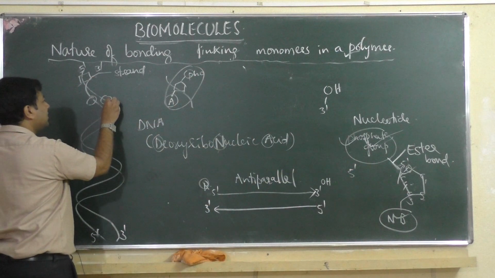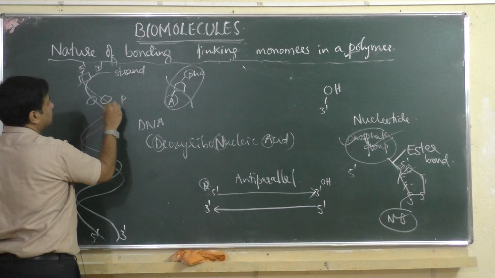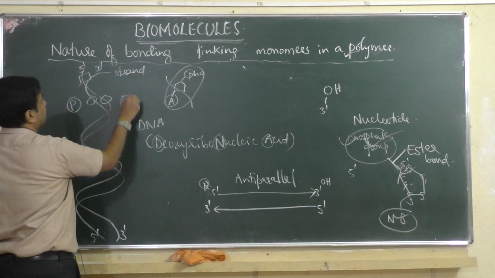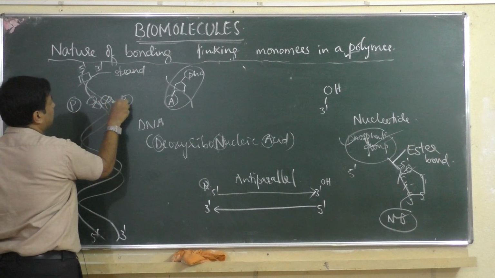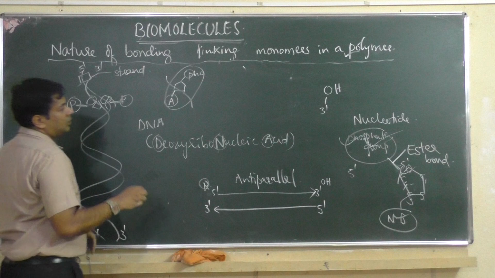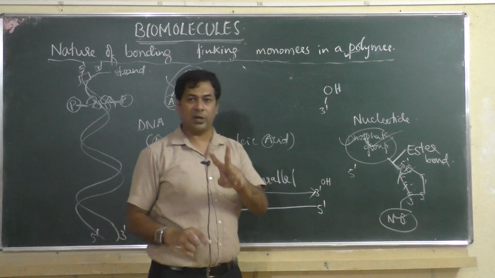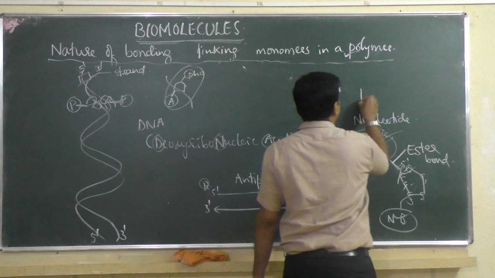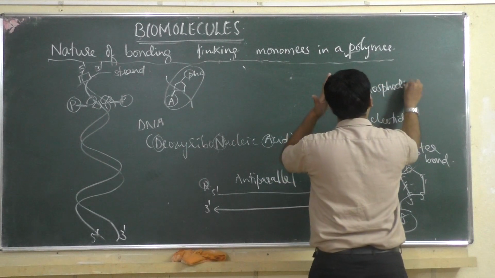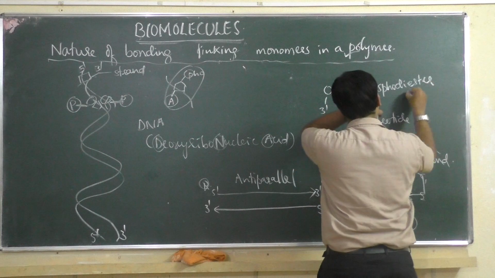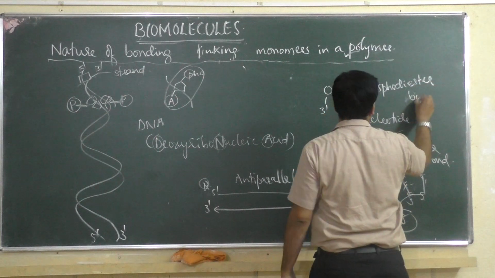One more will be there here. Here also phosphate comes, here also pentose sugar. So here one ester bond and here one ester bond. If the ester bond is there twice, then it is called phosphodiester bond. Why phosphodiester?